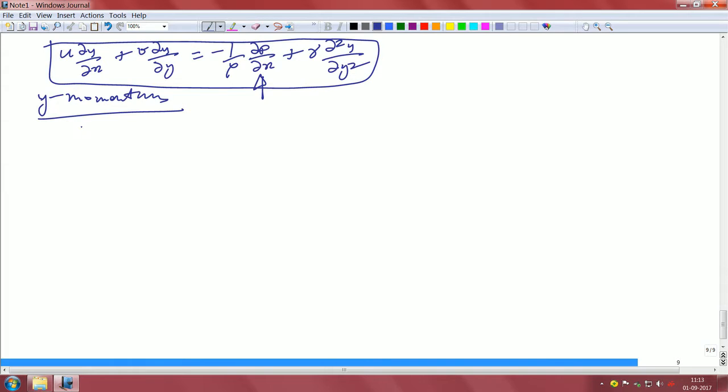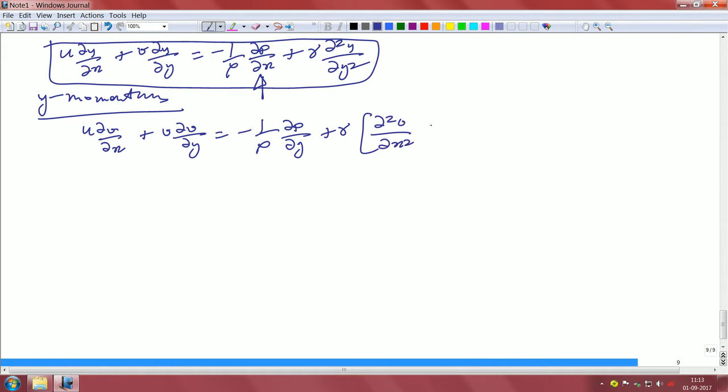So, the y momentum equation, if you write it, is dv by dy ... dy square. So, that was the y momentum equation. Now, let us once again substitute the individual terms.